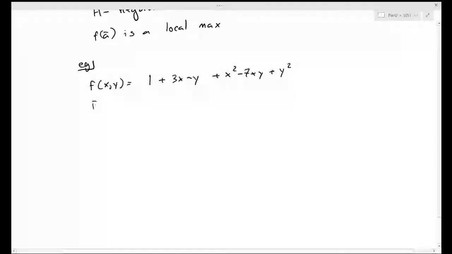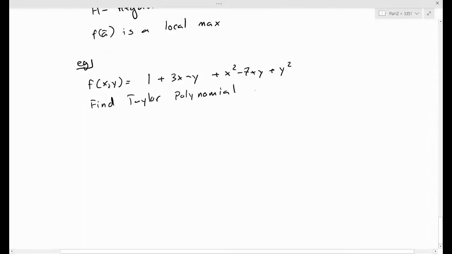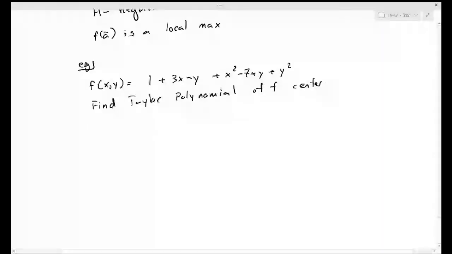If you try to find a Taylor polynomial of this function centered at the origin, say, what do you think you're going to get?